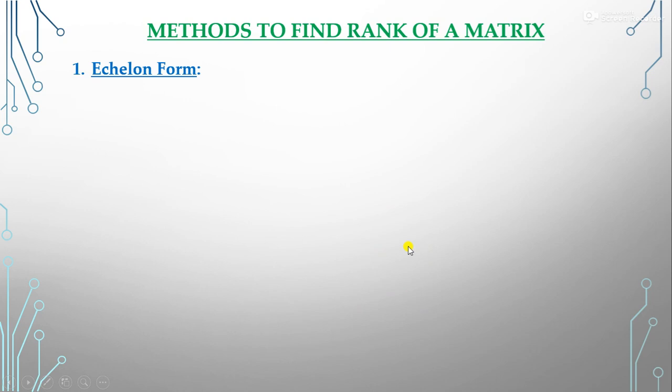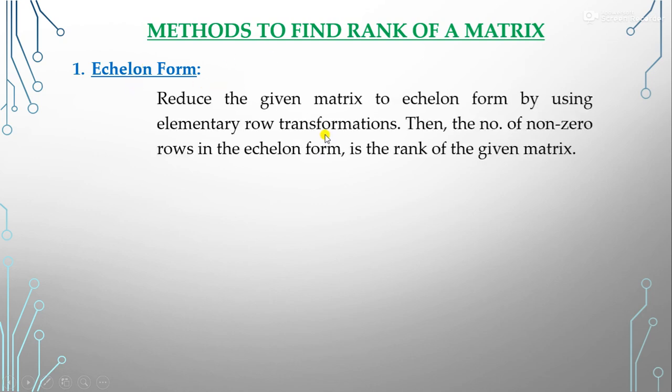Now check another method to find the rank of a matrix. Suppose we have a matrix of order higher than 2 or 3, right? One method is the echelon form. So what is the echelon form actually? First we reduce the given matrix to echelon form by using elementary row transformations.